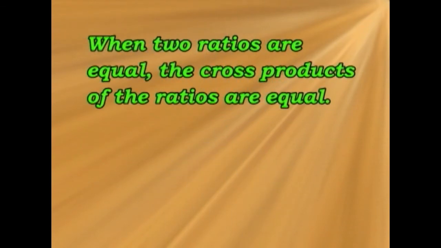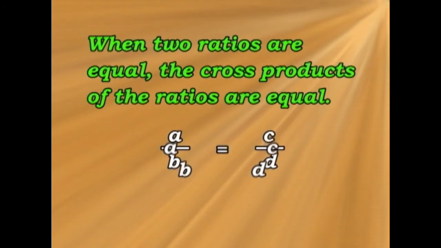When two ratios are equal, the cross products of the ratios are also equal. Look at this. A over B equals C over D. Now we'll work with cross products. That means we'll multiply.